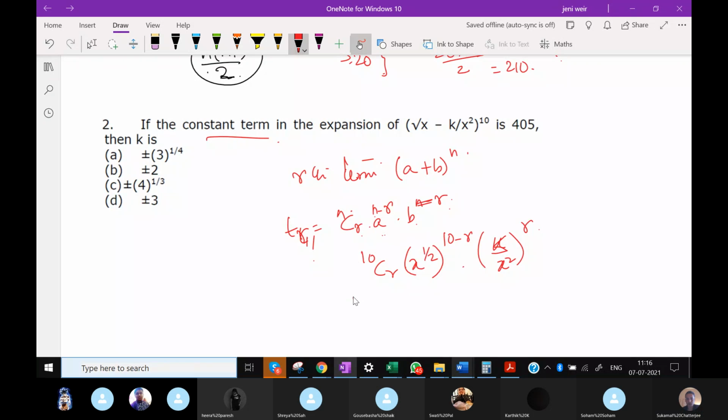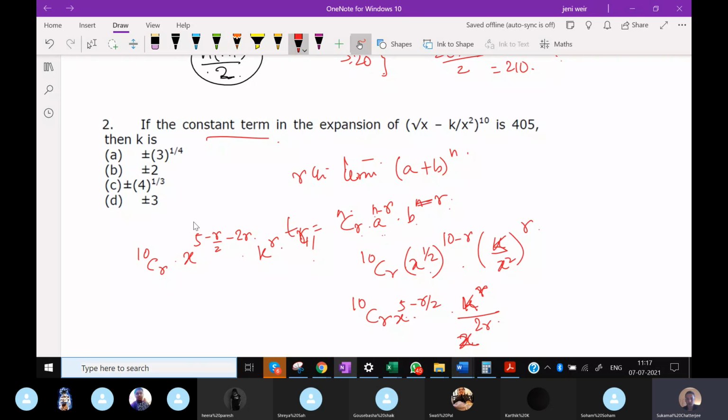So which would be 10Cr into x to the power 5 minus r by 2 into k to the power r by x to the power 2r. So that would be 10Cr into x to the power 5 minus r by 2 minus 2r into k to the power r. And this value is given as 405.